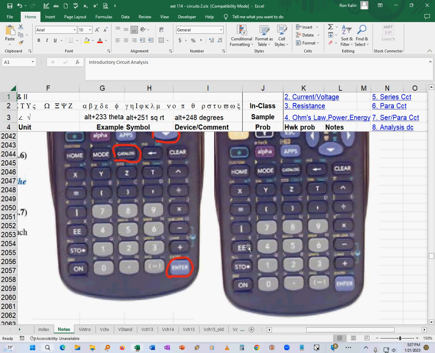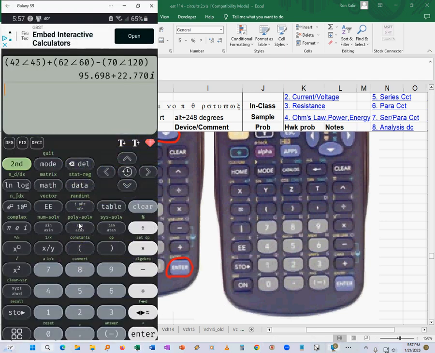You hit second and the EE button to give you angles, and your parentheses are right here. So it's pretty similar to the TI calculator I was using. I like the TI-89 better, but I don't have a version that's free on the phone.